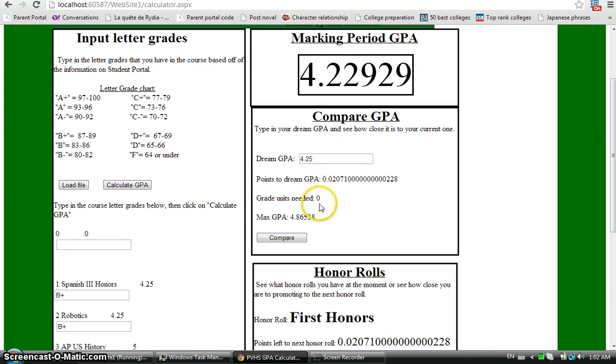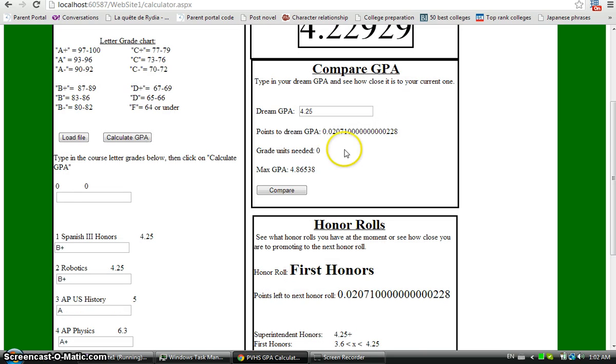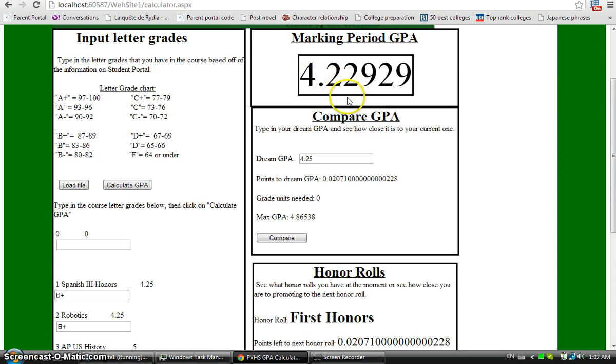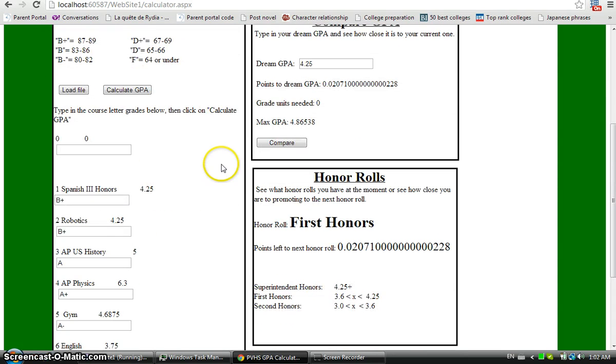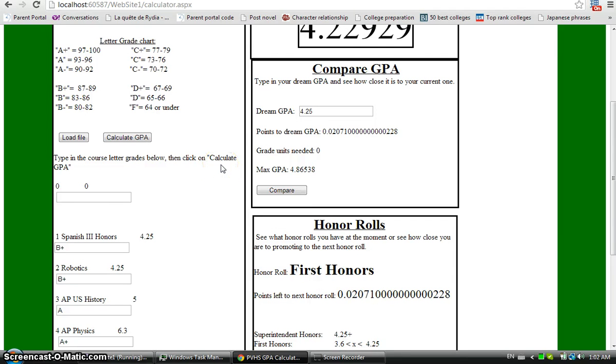Yeah, this actually should be 1 grade unit. There seems to be a problem with this somewhere. I'll fix it later. But you have a 4.22. So increase it by one more. Increase it by one more grade unit, and you will achieve your dream GPA.